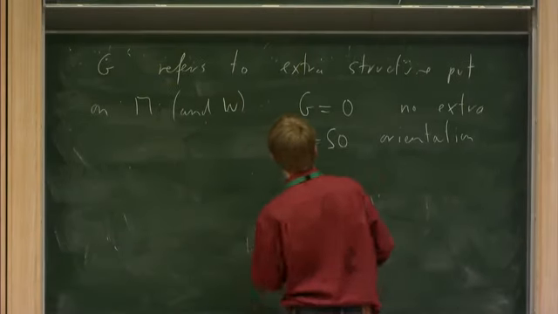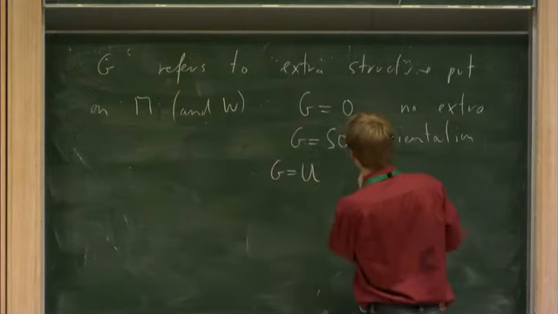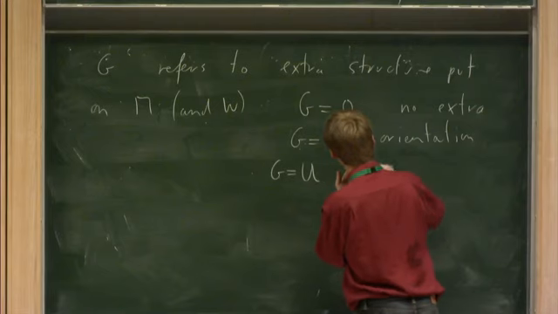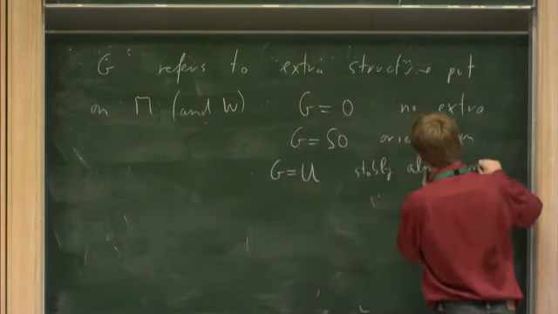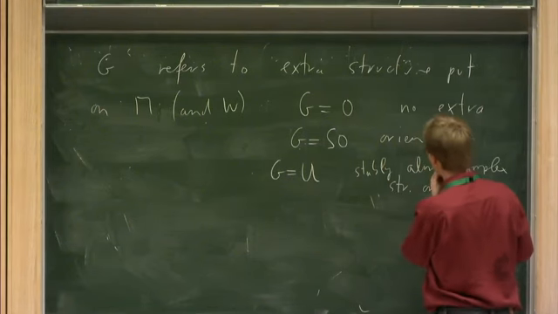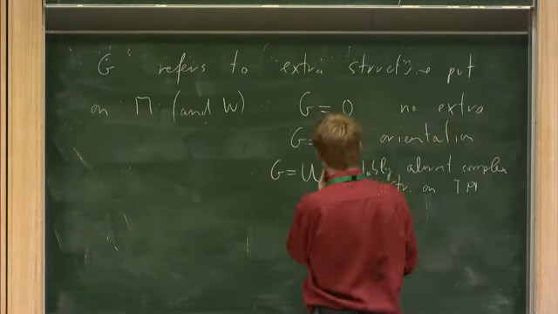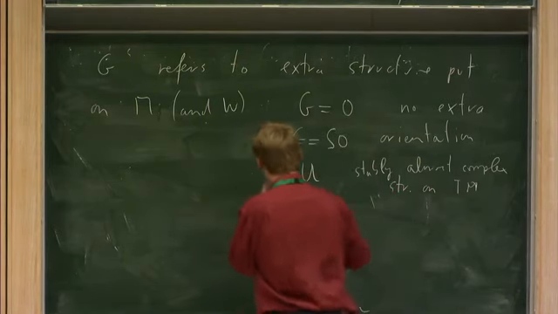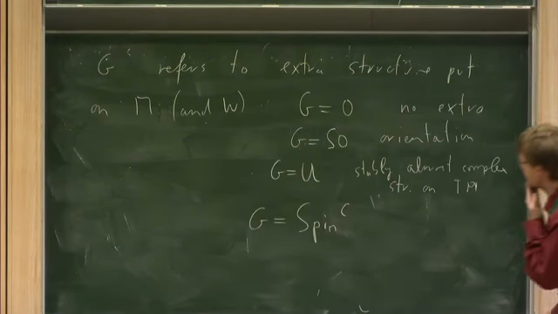And there are more versions. G equals U means we put a stably almost complex structure on the tangent bundle. And there's one more I want to cite here, which is Spin^c.